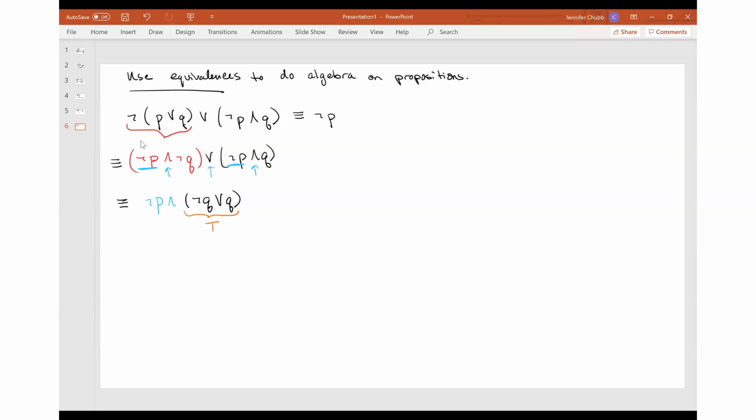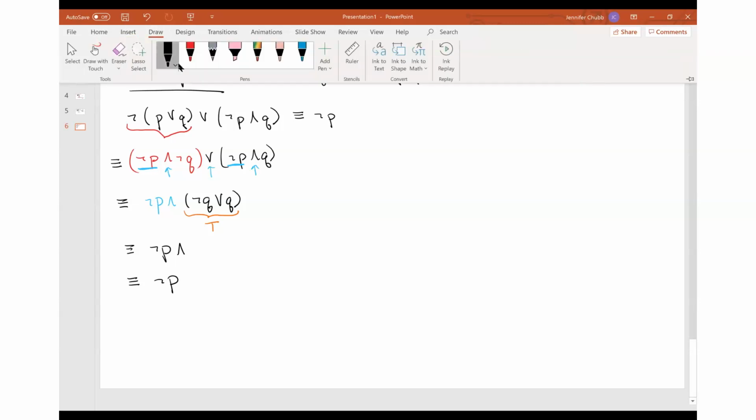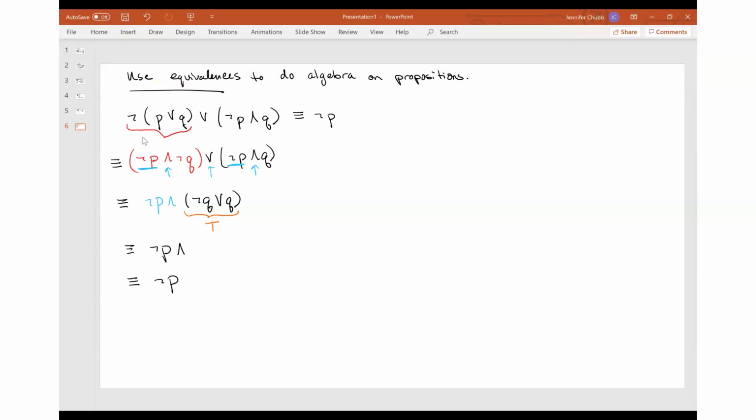So this is just true. So this is equivalent to not P and just true. The assertion made here is that not P is true and true is true. And there's another law called identity that tells us that this is logically equivalent to not P. So we've used all these rules to simplify this in a way that feels very much like simplifying algebraic expressions in an algebra class.